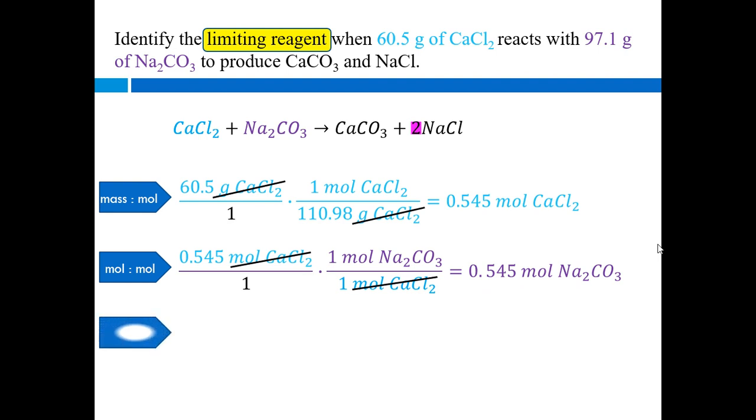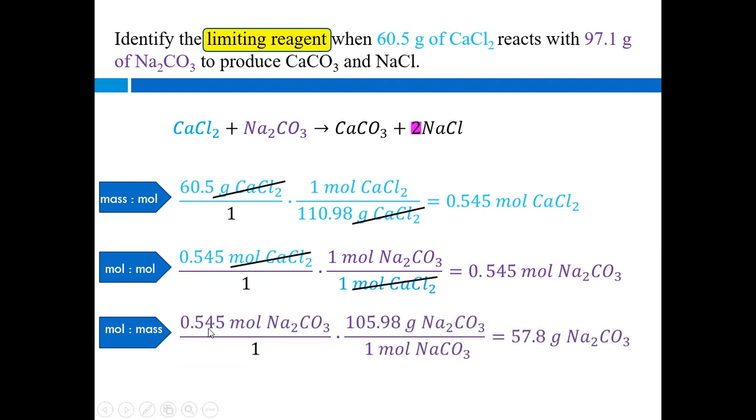But now we can take moles of sodium carbonate and go to how much mass, aka grams, of sodium carbonate we'll need. So you know you only need 0.545 moles of sodium carbonate. So there's your starting point now.